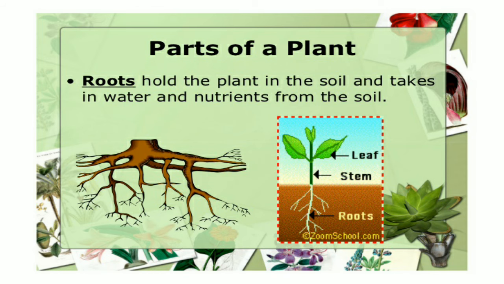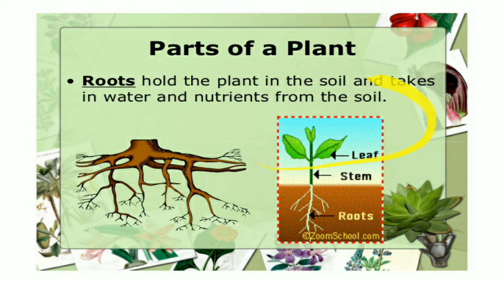So, parts of plants. Here we find that roots hold the plants in the soil and take in water and nutrients from the soil. So here we find roots, then stem and leaves.